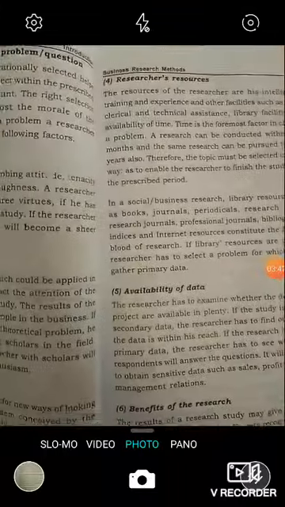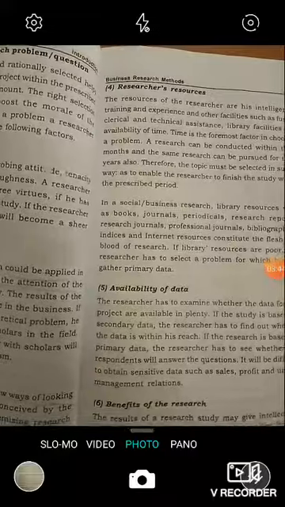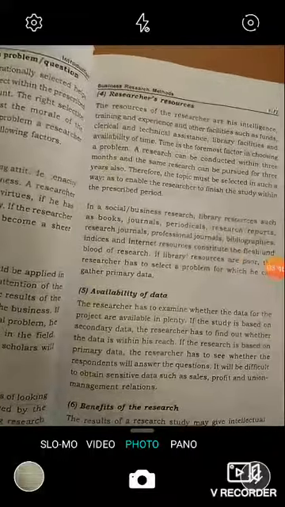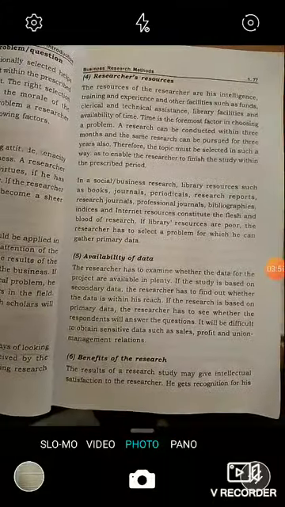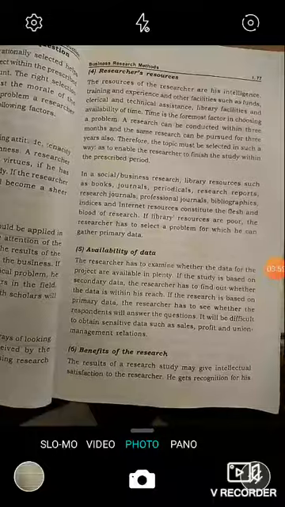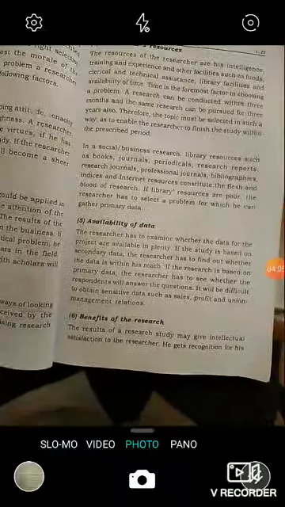Novelty of ideas, researcher's resources, availability of resources, that is resources with the researcher, also help them to take a research problem. Availability of data, because without any data we can't move our research work forward.